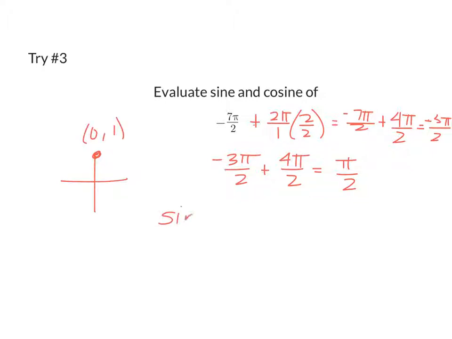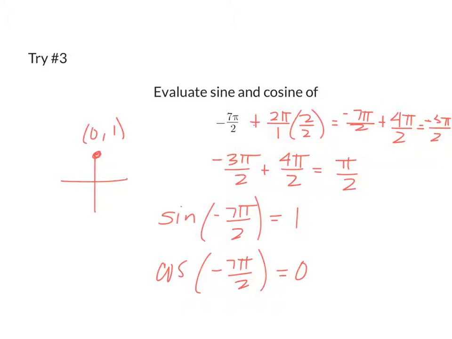So sine of negative 7 pi over 2 is 1, and cosine of negative 7 pi over 2 is 0. And I put those in parentheses because if it's a negative angle, we typically like to put those in parentheses. All right, one more.